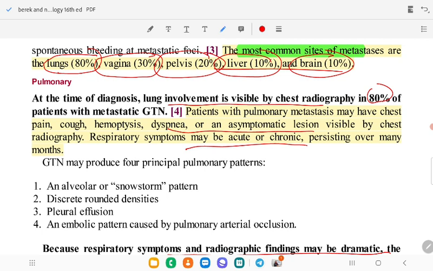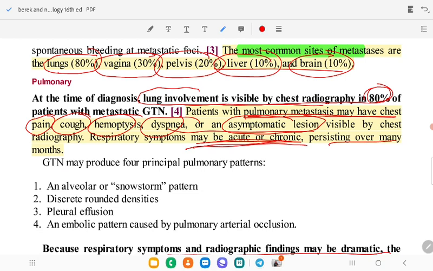Pulmonary: at the time of diagnosis, lung involvement can be seen on chest radiography in 80% of patients with metastatic GTN. Patients with pulmonary metastasis may have chest pain, cough, hemoptysis, dyspnea, or an asymptomatic lesion visible on chest radiography. Respiratory symptoms may be acute or chronic, persisting over many months. There are four principal pulmonary patterns.